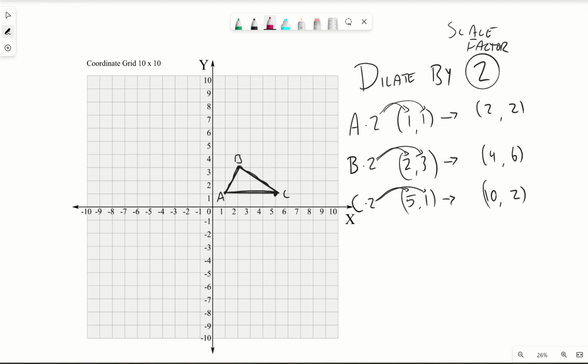And so this gives me the coordinates of my 3 new points: 2, 2, 4, 6, and 10, 2. And here is my new triangle of A prime, B prime, C prime. That gives me my new shape.